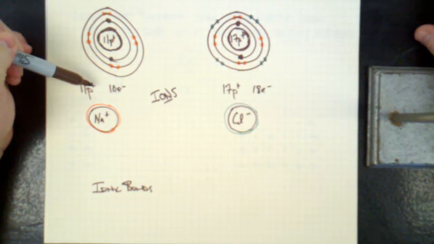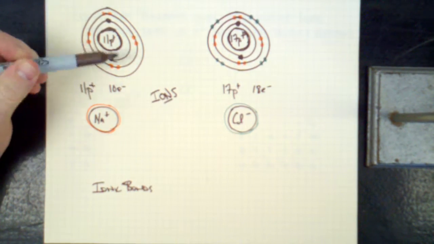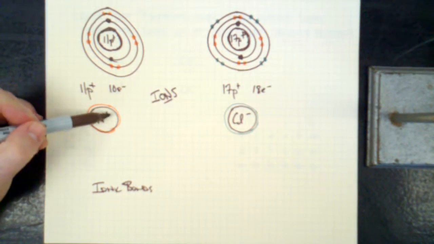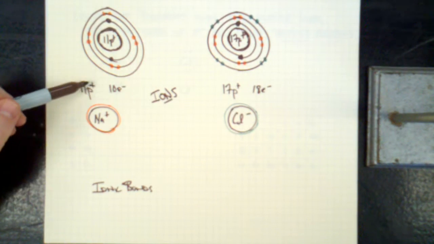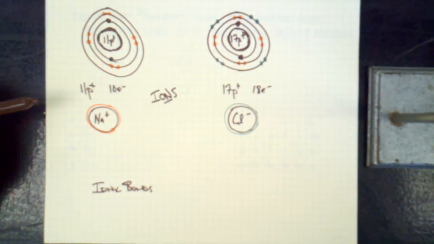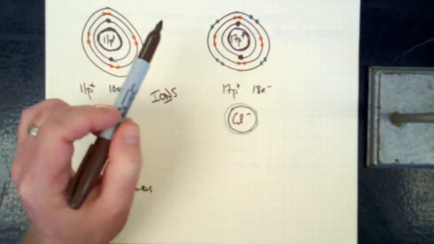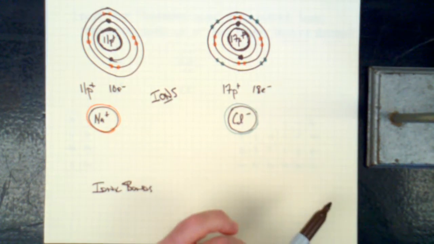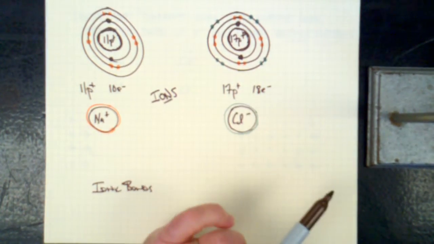Now, there is a little bit of a problem. Because sodium has 11 protons and 10 electrons, it has one more proton. So therefore, it's got to have a positive charge because there's not another electron to balance out this leftover proton. The opposite thing is true on chlorine. Because it's got an extra electron here, it's now got one more electron than it has protons. So I've got 17 protons, but 18 electrons.